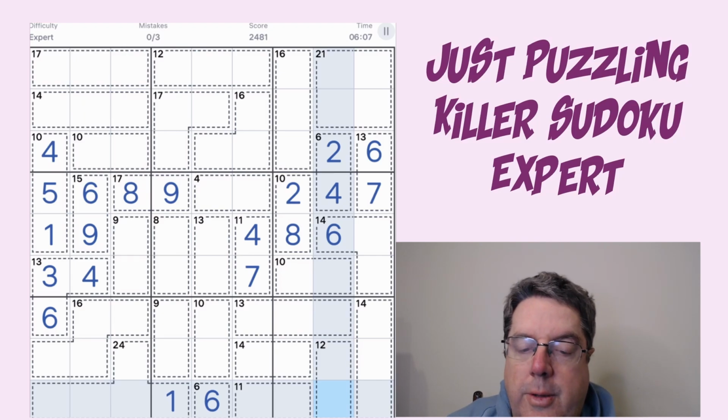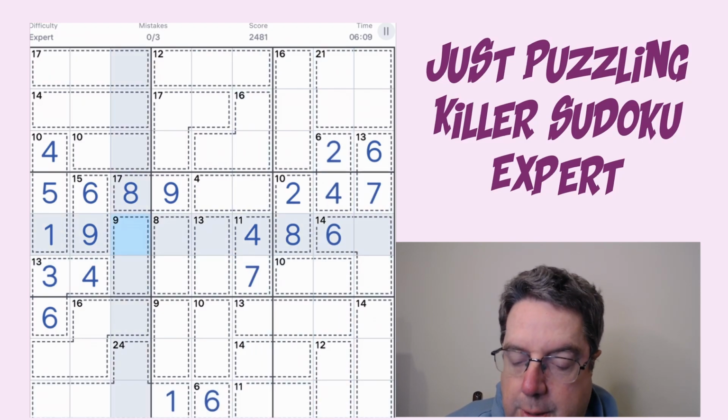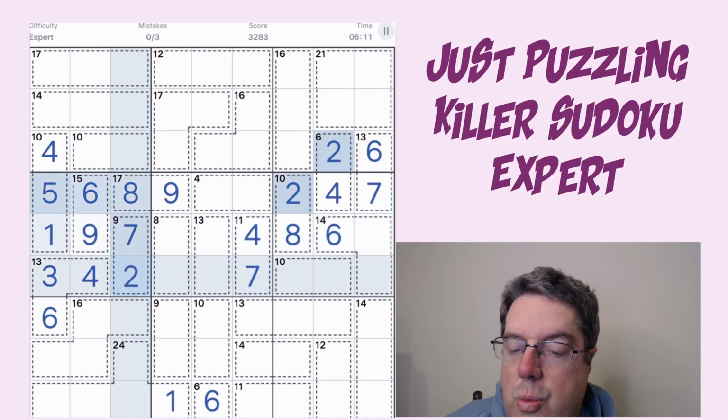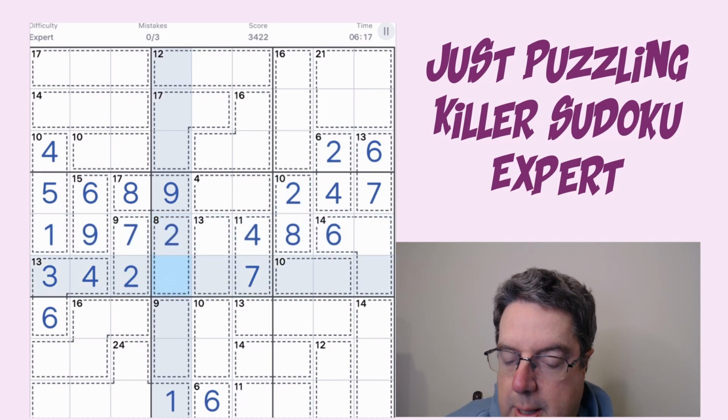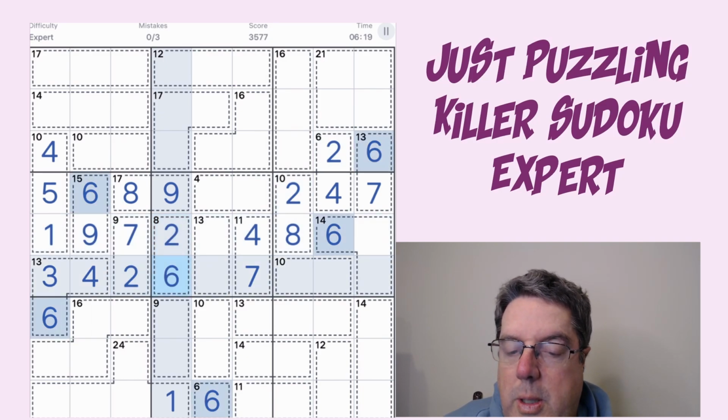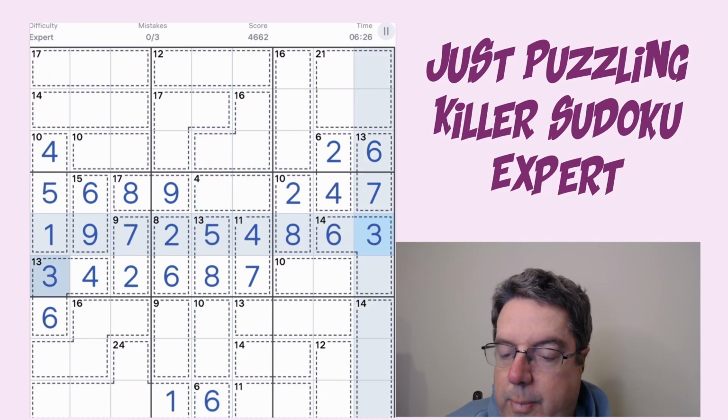Okay, so there's the 7, because of that 7 there, that's a 7, that's a 2. So now we know that 2 can either be there or there, can't be there because that'd be 11, so that's 2, that's 6, we need that that's 8, and that's 5.